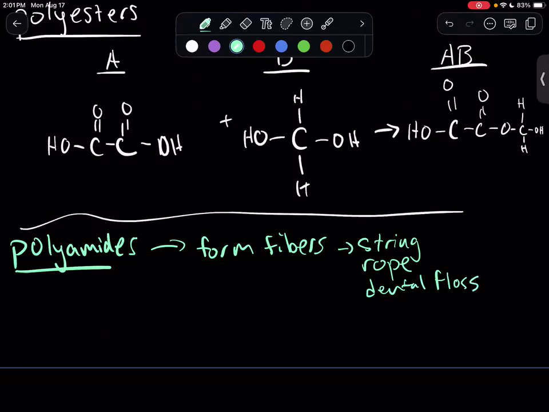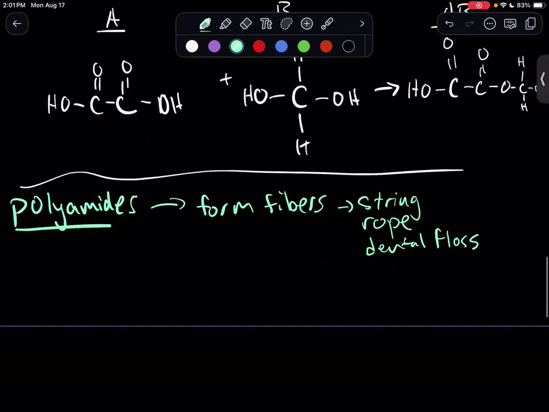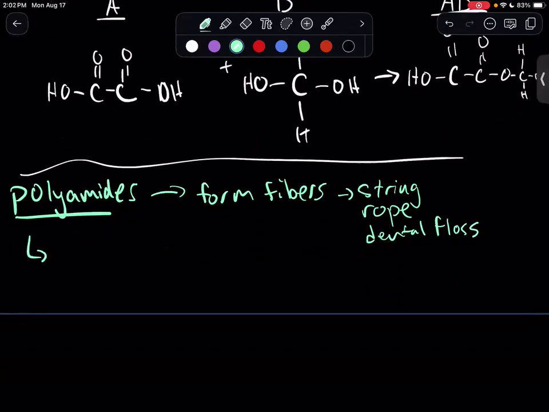You might use them in rock climbing or pitching a tent or something, anything where you need strong ropes for very lightweight purposes, or just that good combo. We're going to generally use polyamides. These form an amide clearly through condensation.